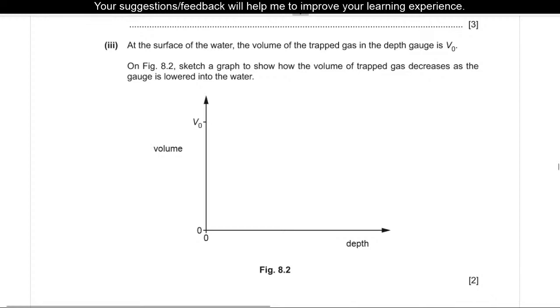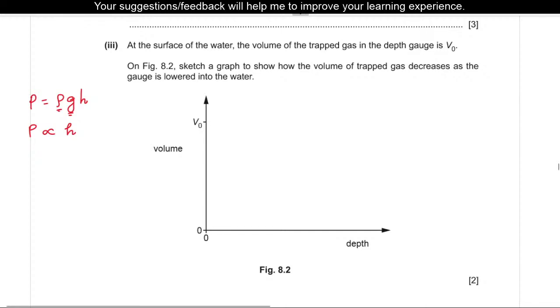So first of all, you studied that pressure is equal to rho g into h. The density of the liquid is constant, gravitational acceleration is constant, so it means that pressure is directly proportional to the depth.